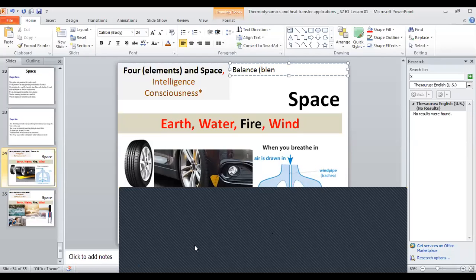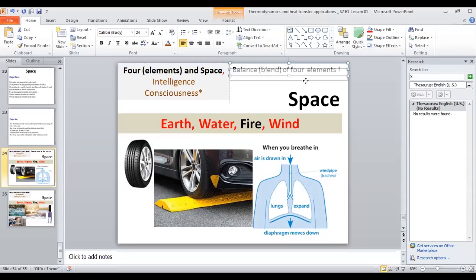Blend means it's a mix. Balance or a blend of four elements and space.